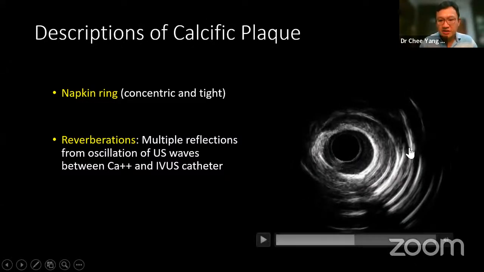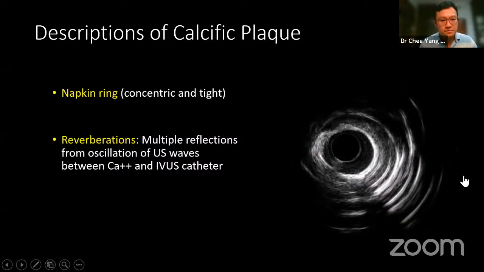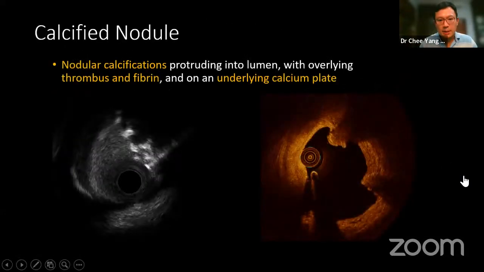Reverberations are these multiple echoes of the calcium surface. So these lines that we see behind the surface of the calcium are not actual structures that the IVUS is seeing. It is an artifact as a result of the multiple reflections between the highly reflective calcium surface and the IVUS catheter, and it gives rise to these echoes of the same image.